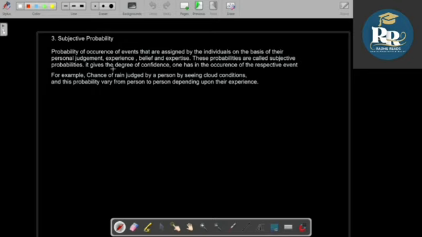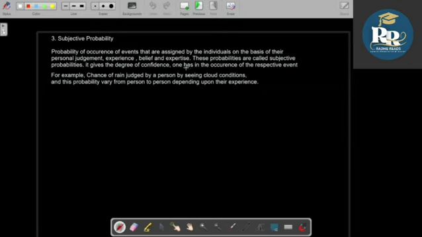Now, the third approach is the subjective approach. What is subjective probability? Subjective probability is the old or traditional method. It basically deals with the probability of occurrence of events that are assigned by an individual on the basis of personal judgment, experience, belief, and expertise. It is basically one's personal judgment about the occurrence of the event.